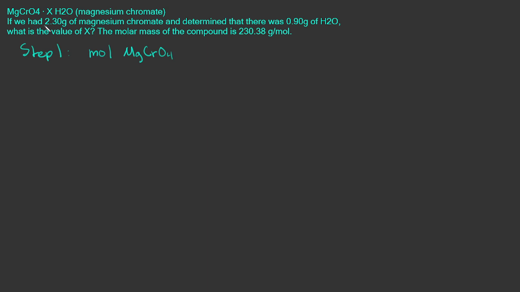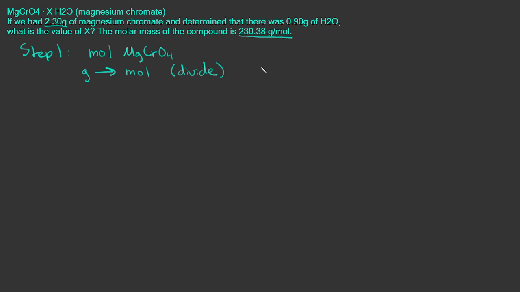We are given a certain amount of grams, so we are going from grams to moles. Once again, what we do is divide by the molar mass. That information is actually given to us, right? The molar mass of this compound is given as 230.38 grams per mole. And so we're able to convert between those two things.